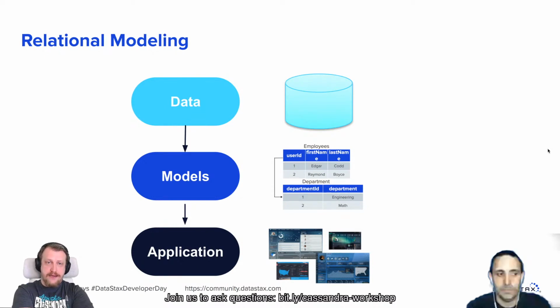Let's say we are speaking of an application which is a company management system or enterprise management system, which handles, besides all the other things, employees and departments. Every employee has a first name, last name, works in some department, has some salary, and based on this data we create models.